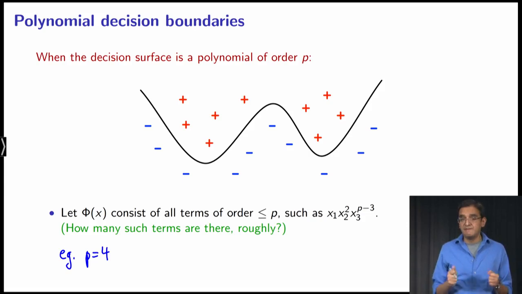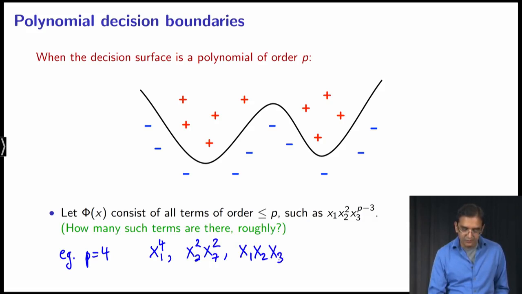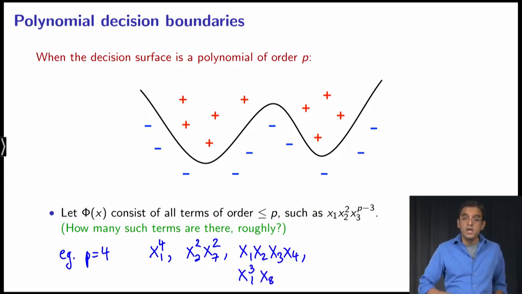Our expanded vector phi of x will have all the original features, but it'll also have terms of order up to 4, terms like x1 to the 4, or x2 squared, x7 squared, or x1, x2, x3, x4, or x1 cubed, x8. All terms whose exponents add up to 4 or less.